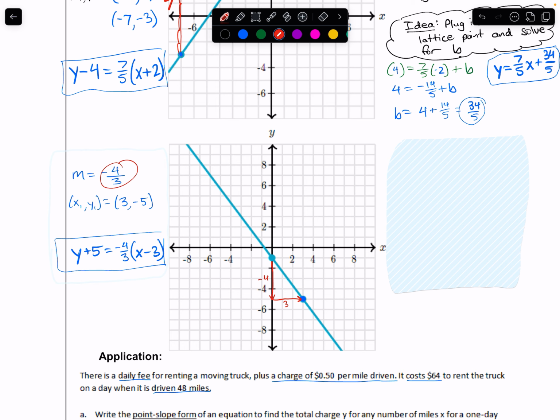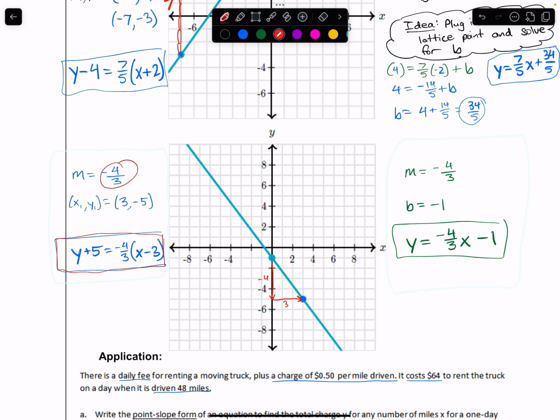And then we plug those values into our equation, and that's the point slope form of this line. If you chose to use slope intercept form, this one was actually a nice lattice point for our y-intercept. It was -1, so we plug in our slope and our y-intercept, and we get our equation for the line in slope-intercept form.